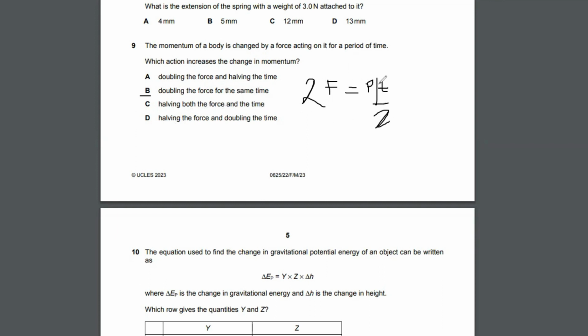So if I halve the force, and I double the time, so it is basically multiplied by 4 times. So I want to increase the change in momentum. So it depends on doubling the force for the same amount of time.